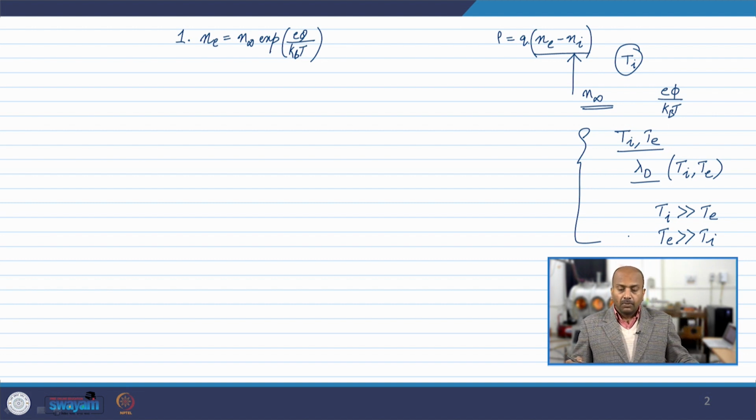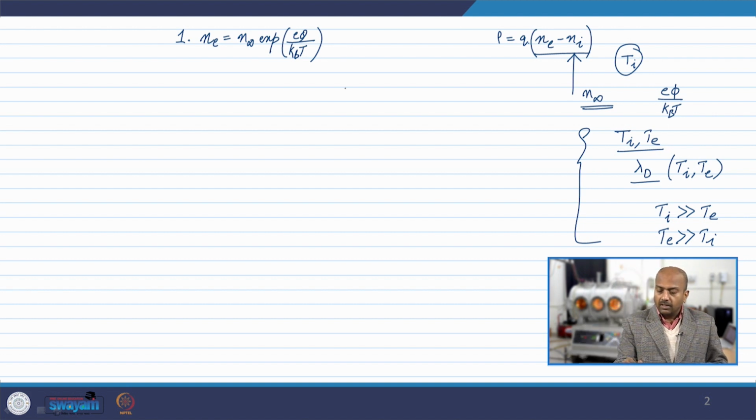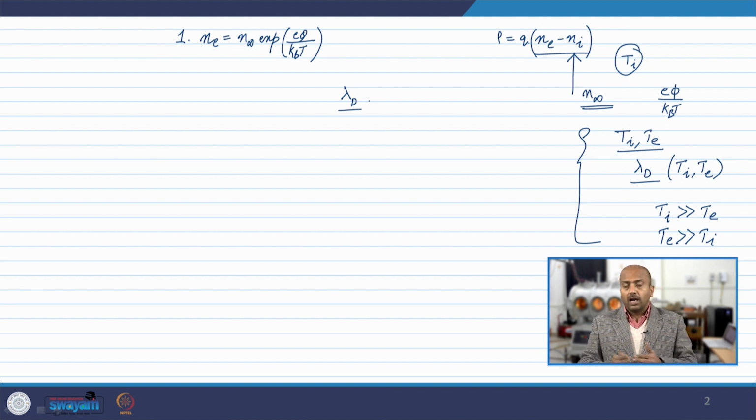Looking back, the Debye's length lambda d signifies the distance over which a particular charge's presence will be made invisible after that distance, and if you compare lambda d to the length scale of the plasma system, it should be very, very small in comparison to this.